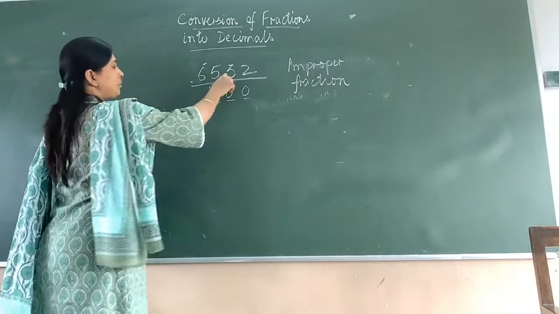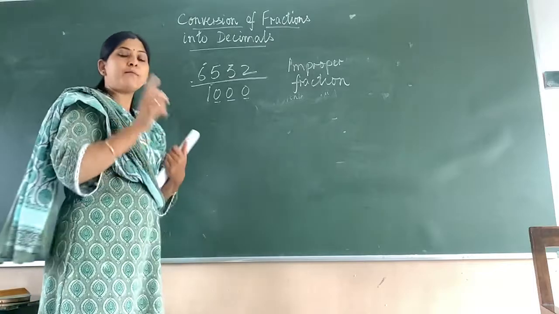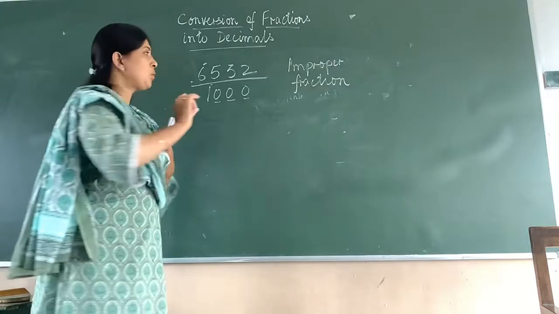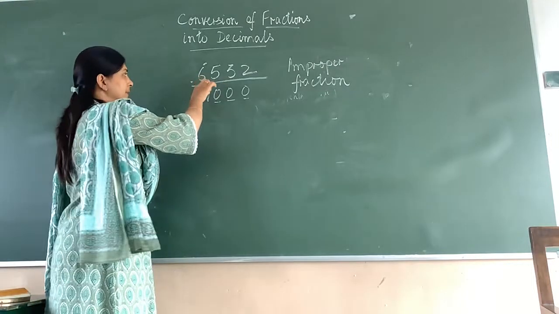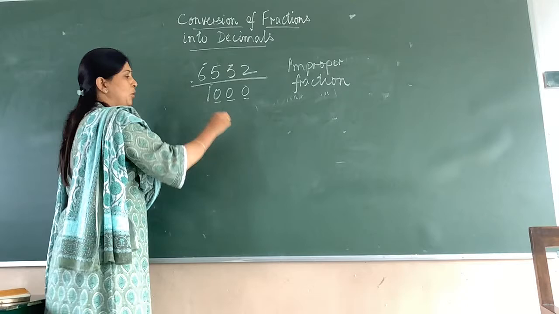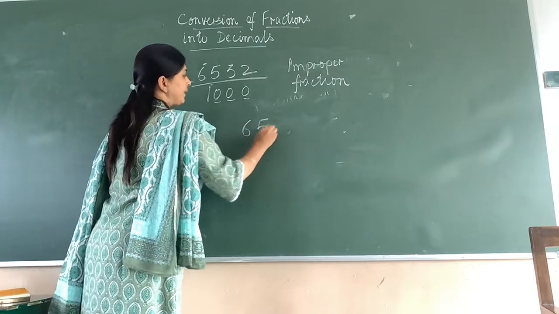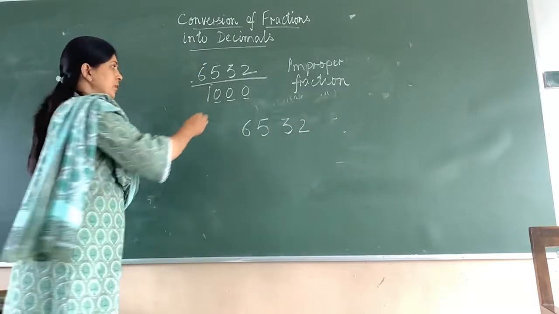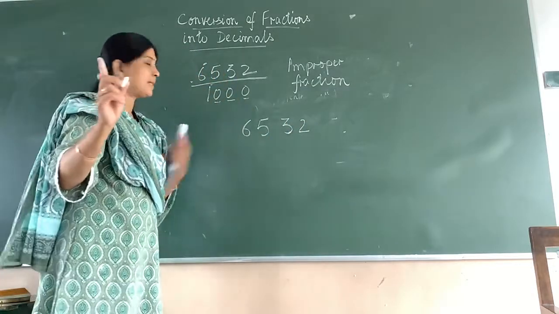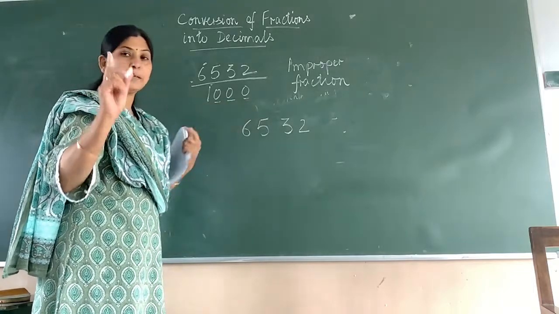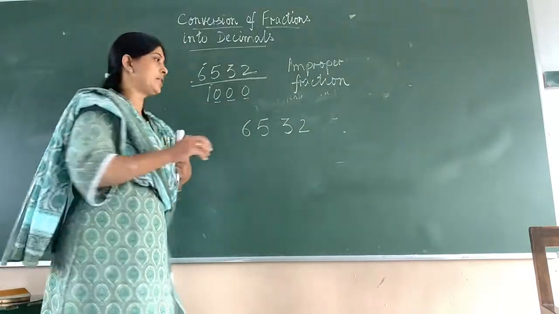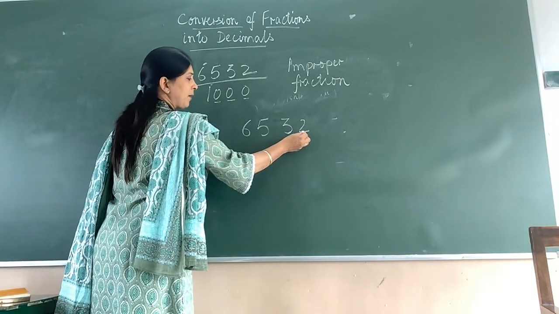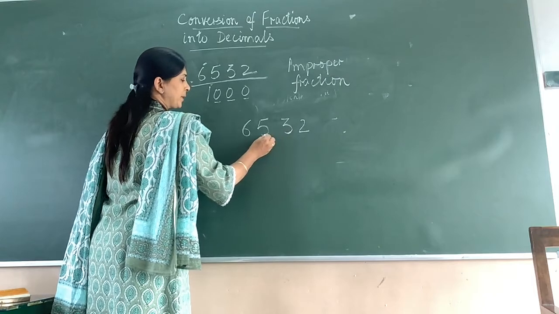Okay, now what is our numerator? 6,532. It is an improper fraction, it is more than 1. So when we have a numerator like this, which is more than the denominator, children, we will write the numerator. Now see, there are 3 zeros that follow 1 in the denominator. So that means there will be 3 digits after the decimal point. So what will we do, children? We'll count 3 digits from the right hand side: 1, 2, 3.